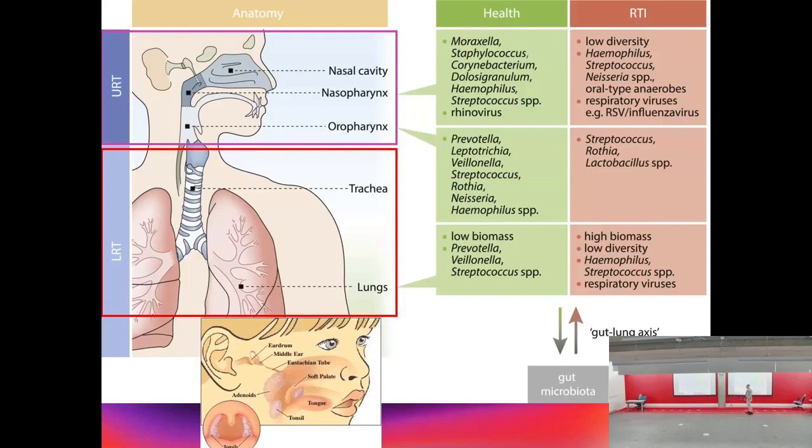So you've got things like Streptococcus, you've got Haemophilus, you've got rhinovirus as well, Staphylococcus, Prevotella, and they all live in your respiratory tract. They're always there, and they're always serving important functions as well. And I'll come on to talking about them in a little bit. However, some of them act as opportunistic pathogens as well.